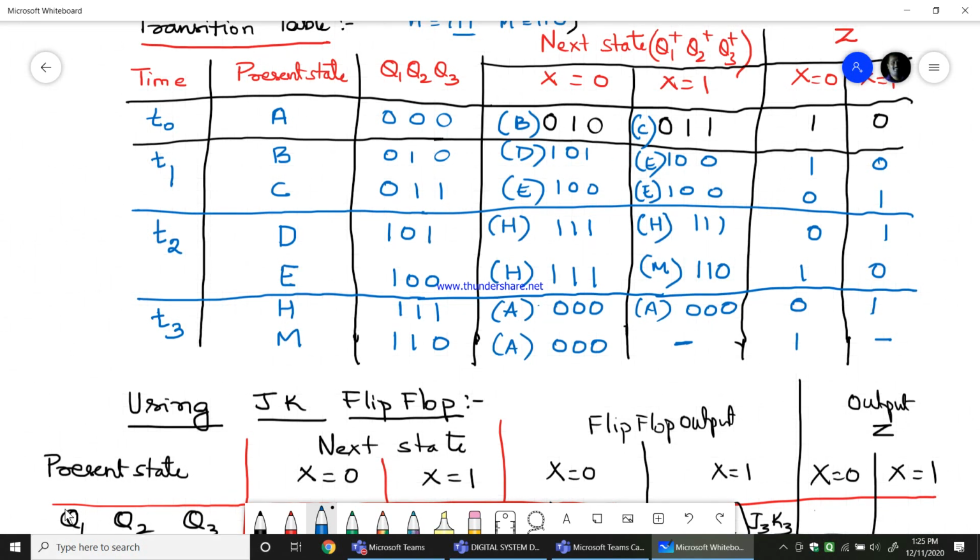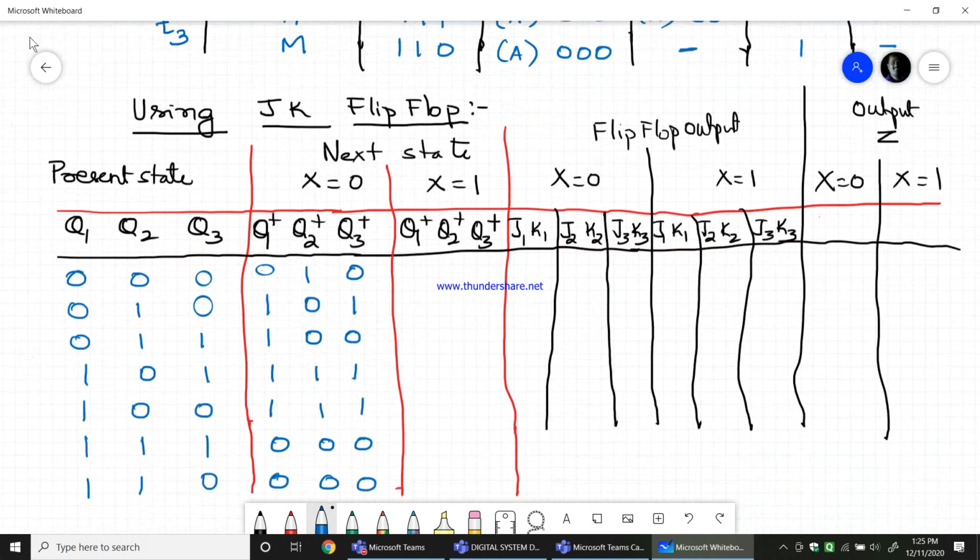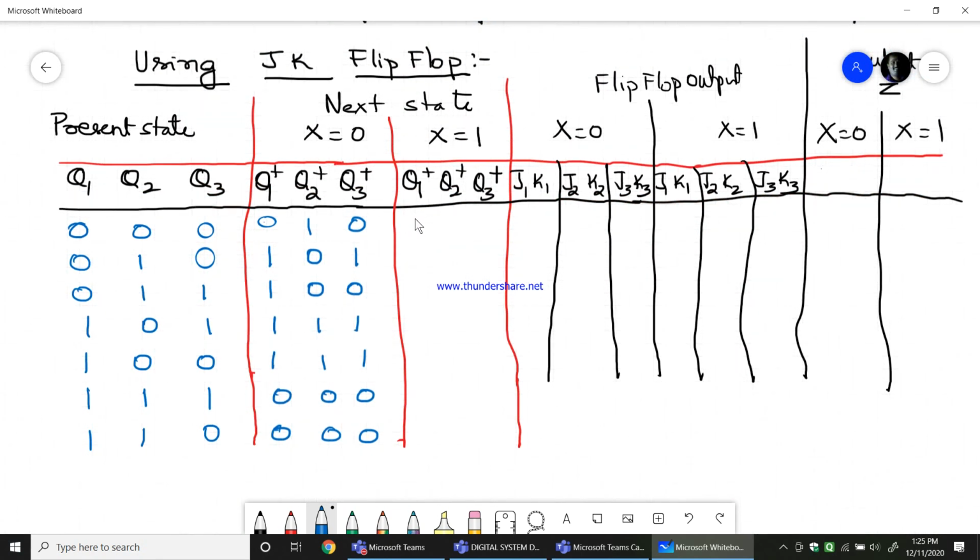So it is 0, 1, 1, 0, 1, 1, 1, 0, 0, 1, 0, 0, 1, 1, 1, 1, 1, 0, 0, 0, and we don't know this, so we normally write this as don't care.